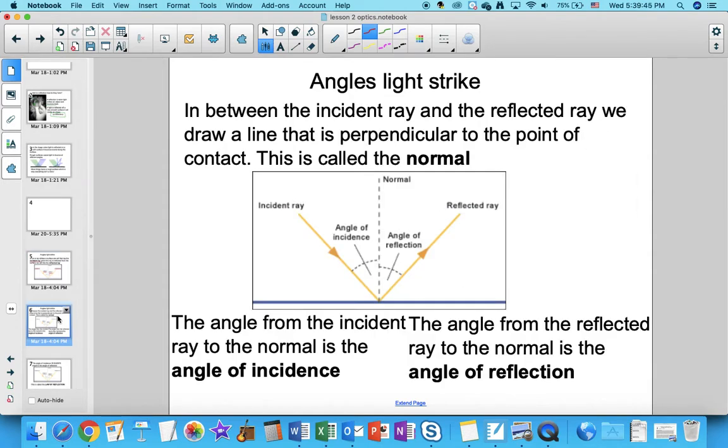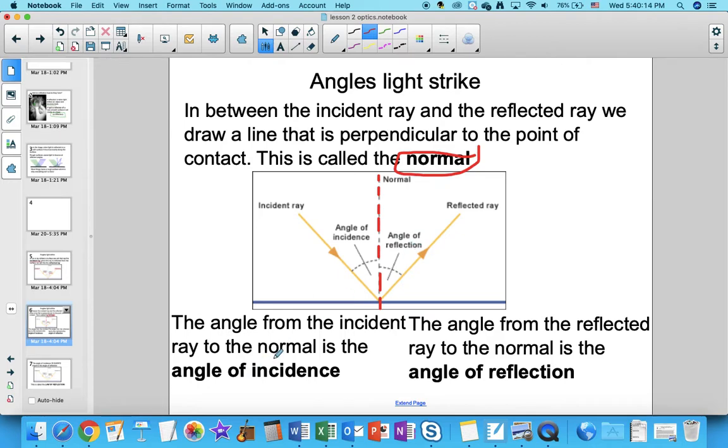In between the incident ray and the reflected ray, we draw a dotted line. This dotted line is called the normal. In later units in math, you will learn what a normal means, but for this unit, we'll just call this the line that cuts the reflection point in half.